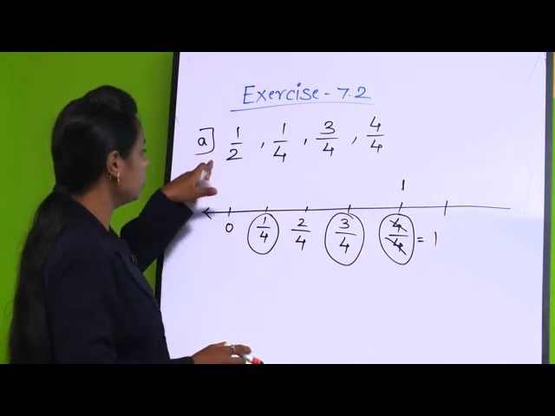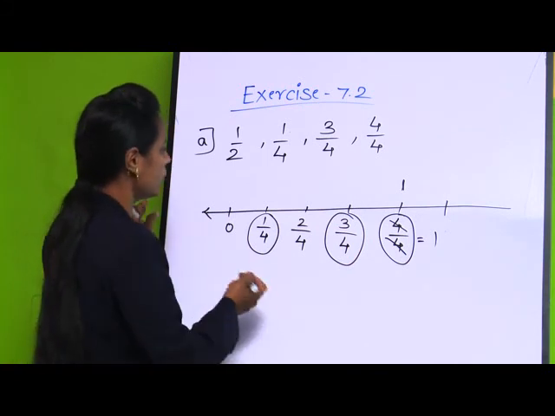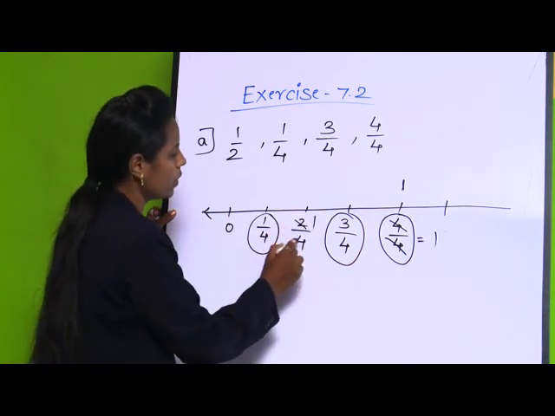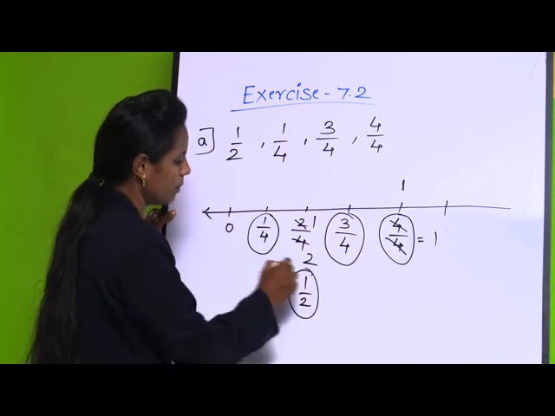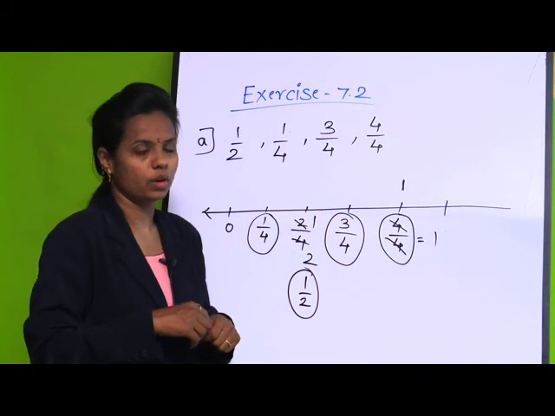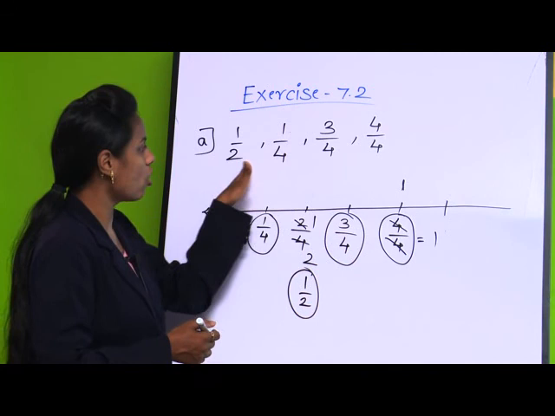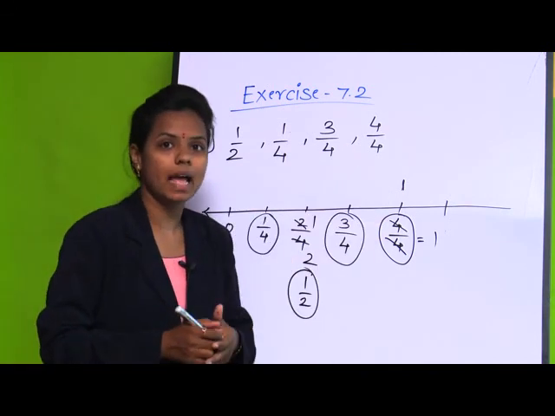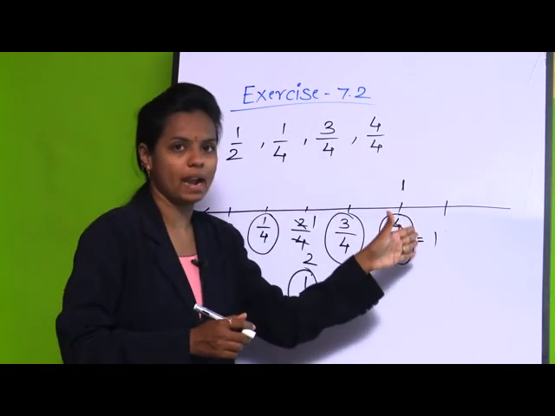Now we still have to show 1 by 2. We can show it as 2 1s are 2, 2 2s are 4, so it becomes 1 by 2. So this is 1 by 2. Okay students, did you get it? These are all the fractions that are less than 1, so these fractions come between 0 and 1.